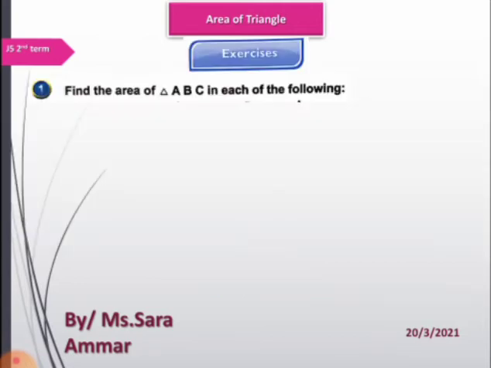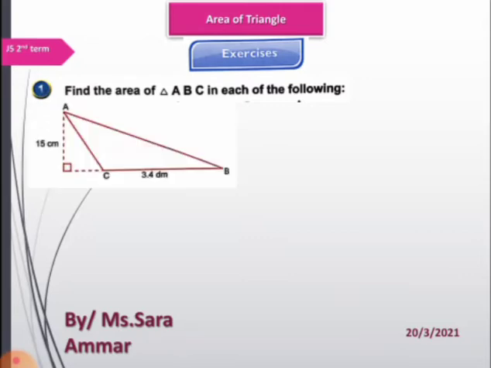Now, find the area of the triangle ABC in each of the following. So in every shape we need to find the area of the triangle ABC. Again, we have an obtuse angle triangle, okay, and the height is 15 centimeters outside of the triangle, but the base is 3.4 decimeters.